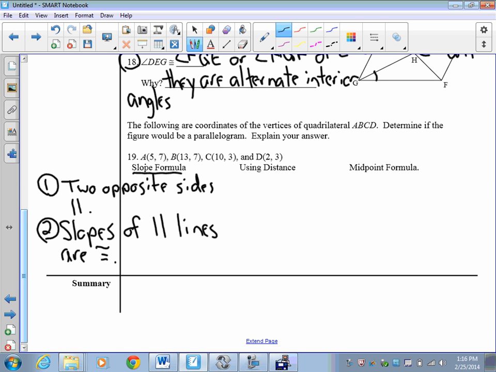The slope of AC would have to be congruent to the slope of BD. I'm sorry, that's not right at all. The opposite sides would be AB and CD.